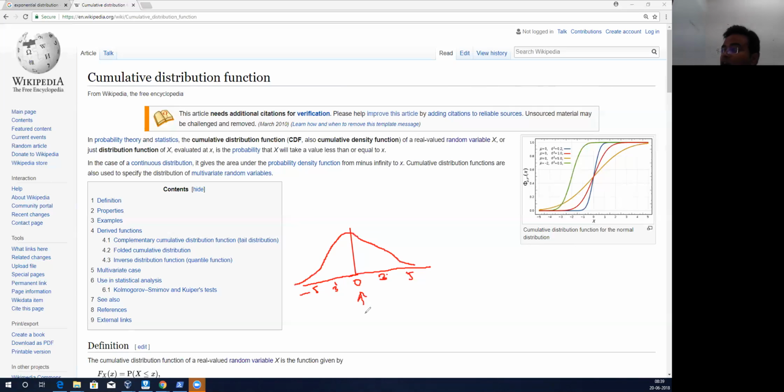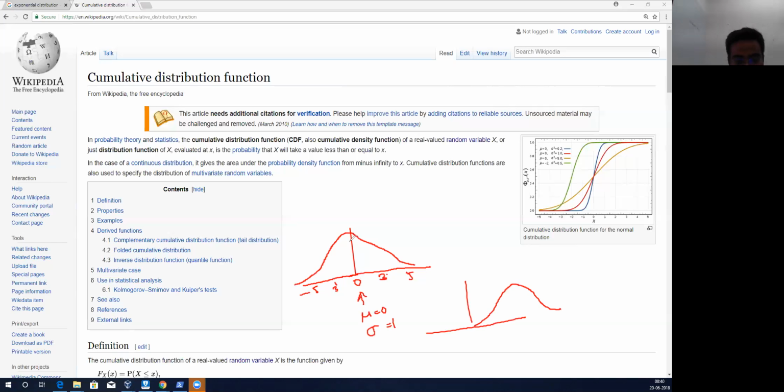The mean is 0, that is mu equal to 0, and sigma equal to 1. Then it is known as the standard normal distribution. This can be a normal distribution, but if it is like this, it is a standard normal distribution.